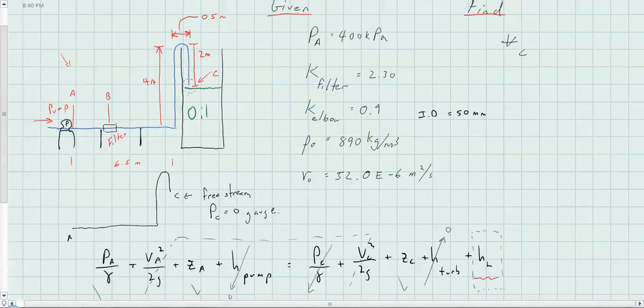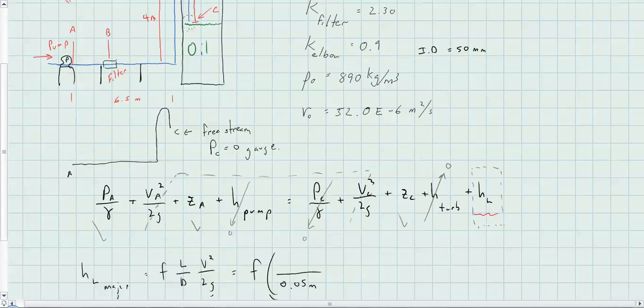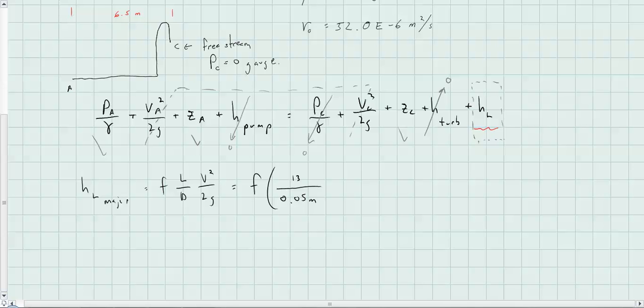If we add all the lengths, 6.5, 4, 10.5, 11, 13 meters in length, times the V squared, which we still don't know, times 2, times 9.81 meters per second squared, and this goes to 13.2518 friction factor V squared.